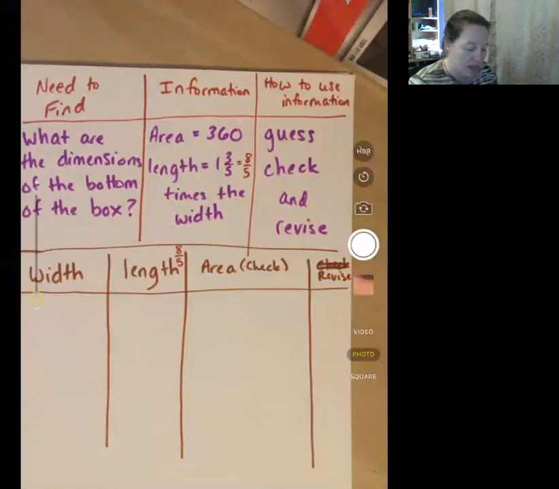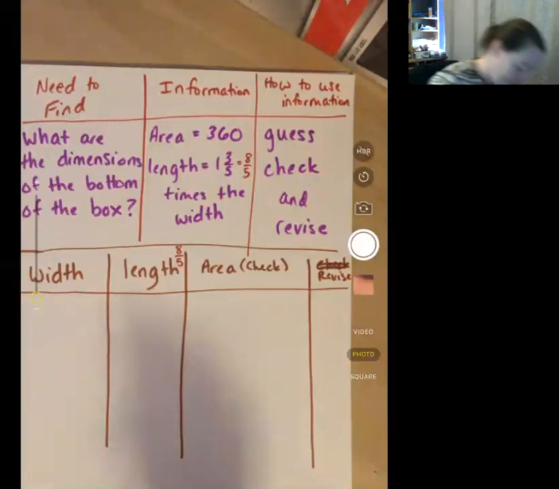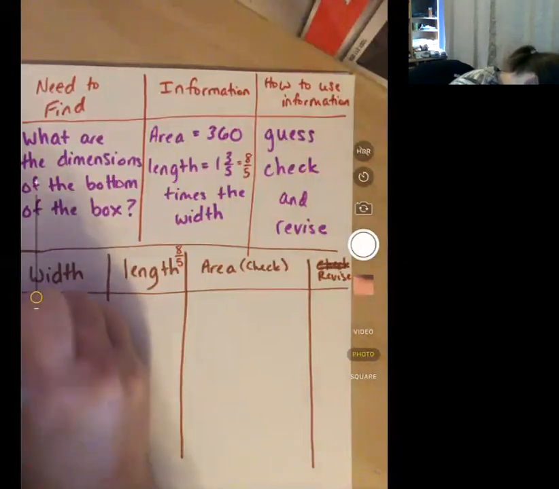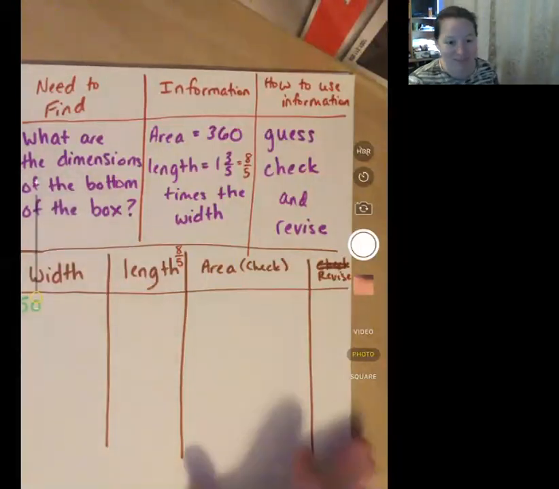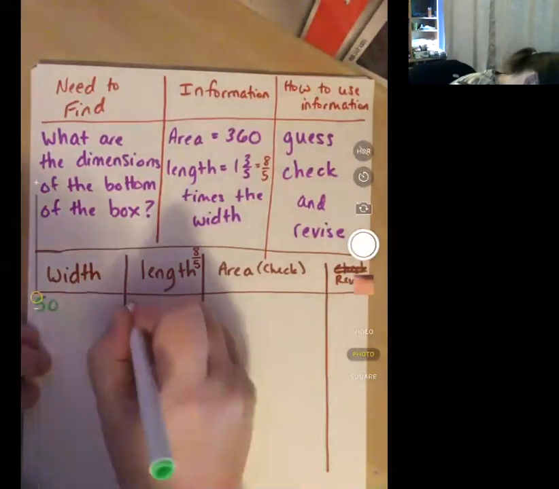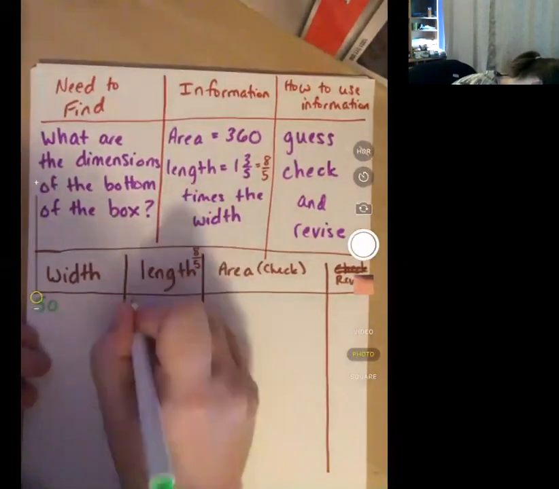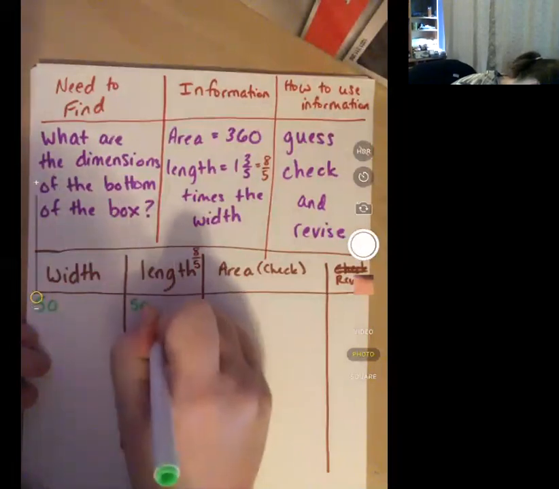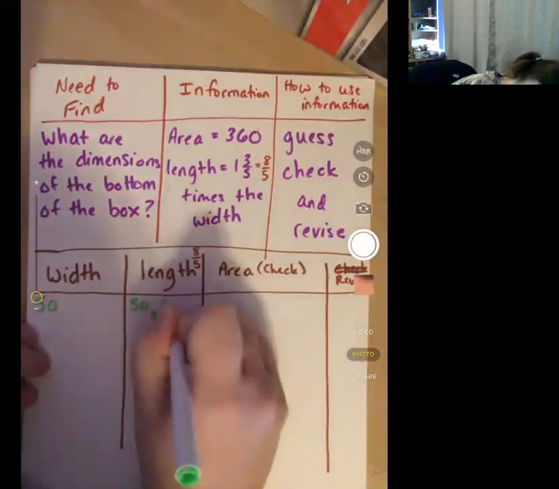I want to see what happens if I do a 50. Let's try that. So let's make our width 50. Width 50, and the length is the width times 8 over 5.